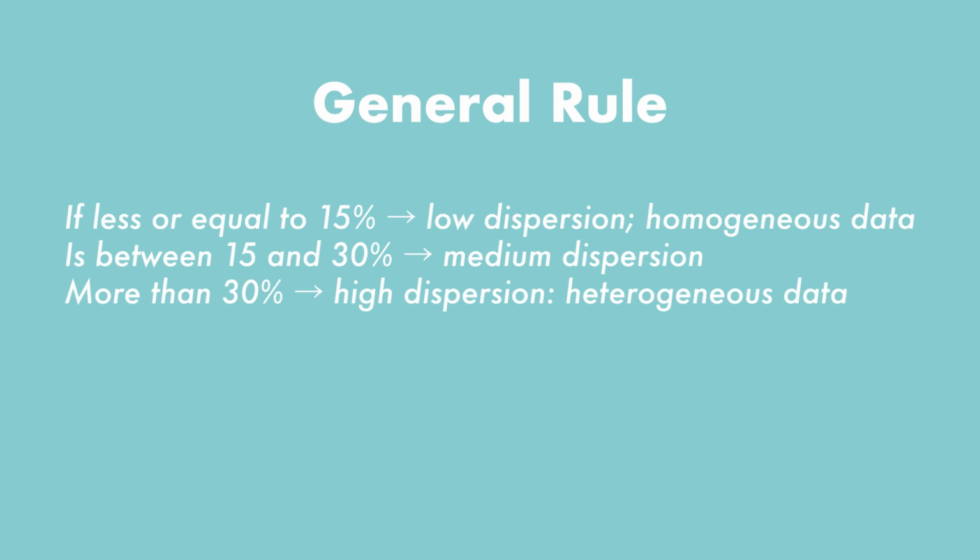For comparing datasets with different units or very different means, the coefficient of variation should be used instead of the standard deviation. Just note that when the average value is close to 0, the coefficient of variation approaches infinity. In these cases, this measure should not be used.